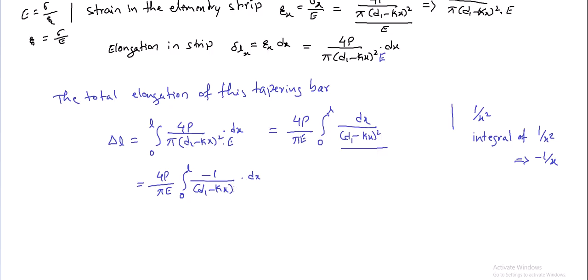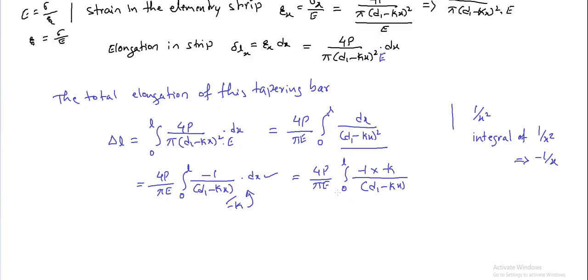Now if I want to take this dx out, I need to divide by a constant, that is minus k. For that, I take this 4P by pi E from 0 to L, with minus 1 times minus k, because k is the constant associated with x, and dividing by minus k puts it in the denominator. So that is minus 1 by minus k times (d1 minus kx).